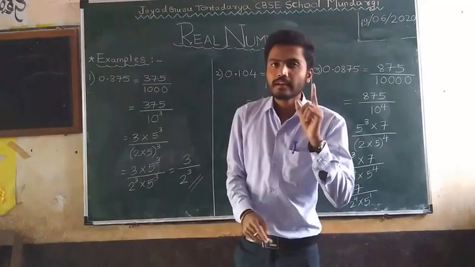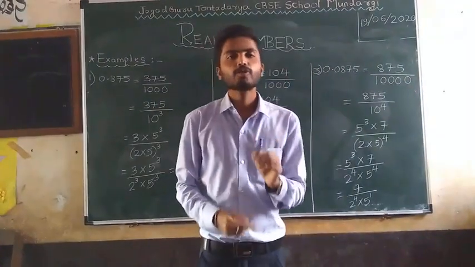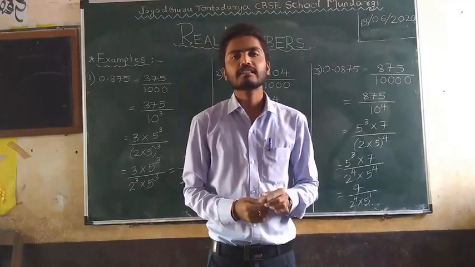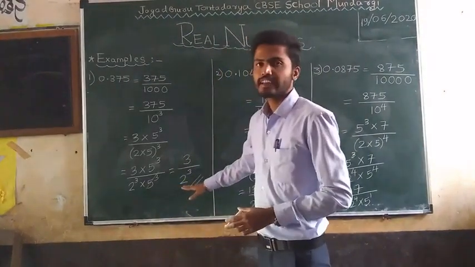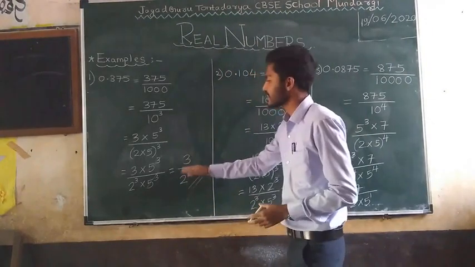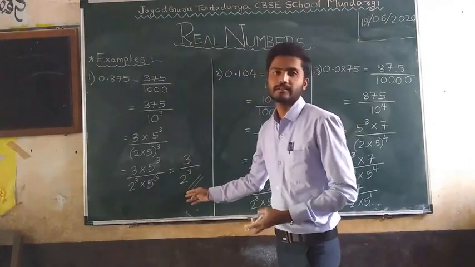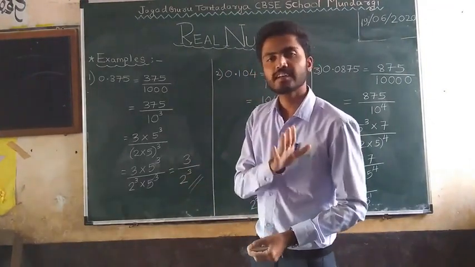Okay. To find out whether a number is rational or not, we first need to prime factorize the denominator.